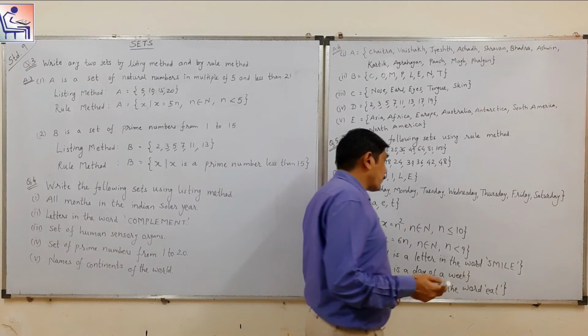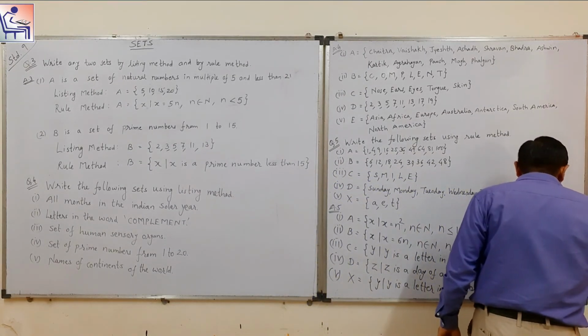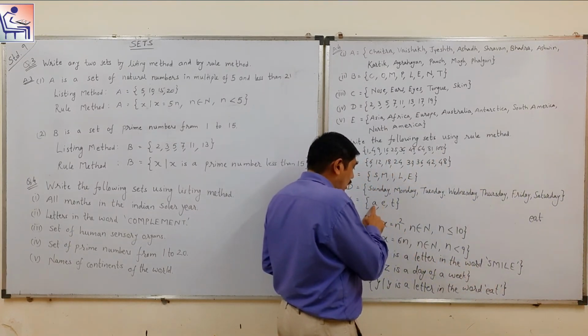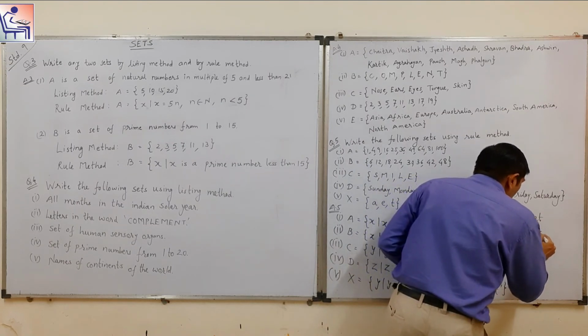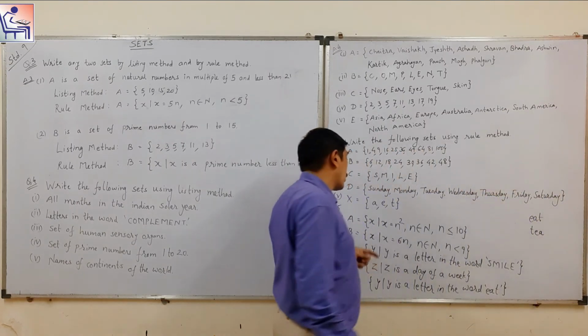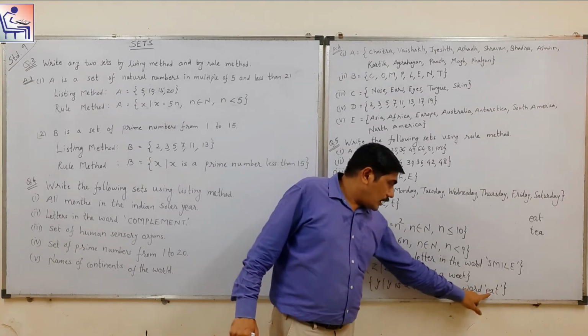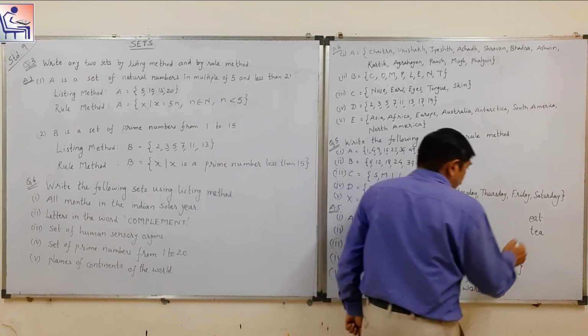Okay, here if you notice, then eat gives you the elements as A, E, T. Then tea is also giving you the elements of A, E, T. So instead of it, you can write tea also.